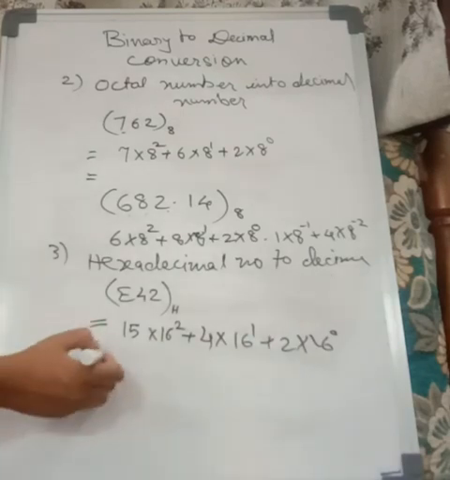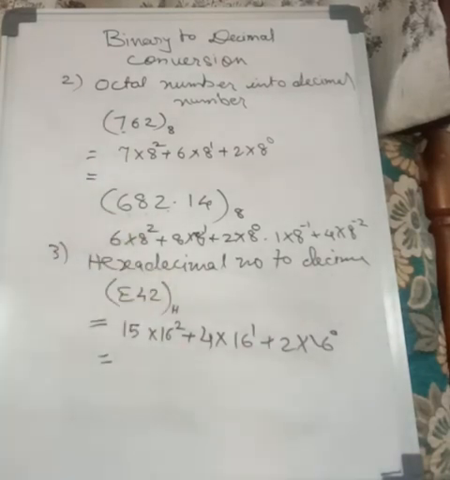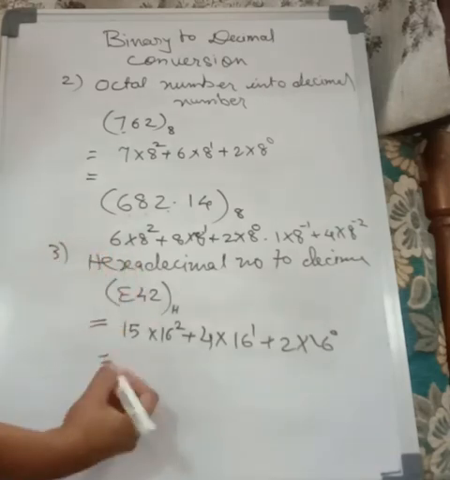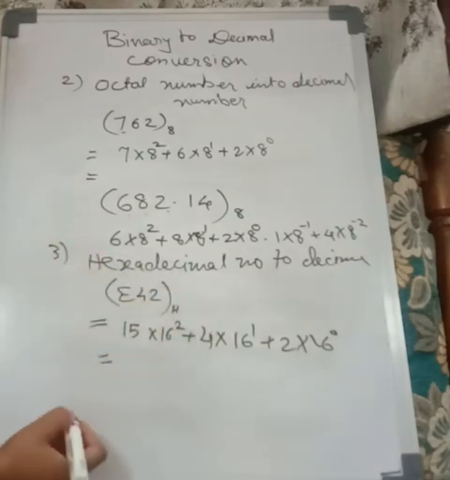Okay, and this we need to solve as we used to solve a mathematical problem. Similarly, what we have done in the earlier case for decimal digits, again we have to add the powers in negatives, that is 16 to the power minus 1, 16 to the power minus 2, like this.